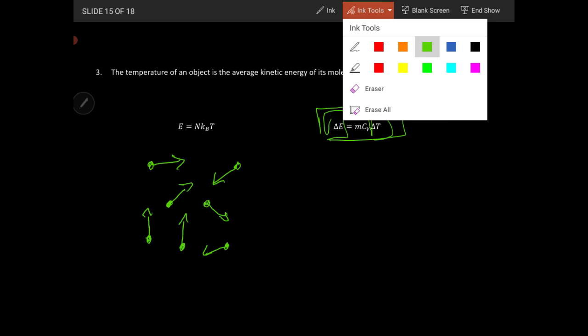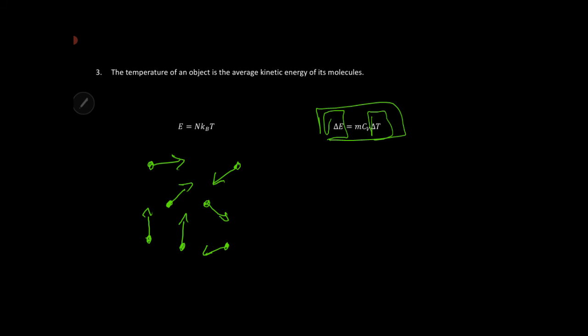So if we run over here and turn them orange, so after we speed them up, maybe not all of them, but most of them are sped up. Maybe some of them change direction a little bit and slow down, but most of them speed up, and so they have longer arrows.